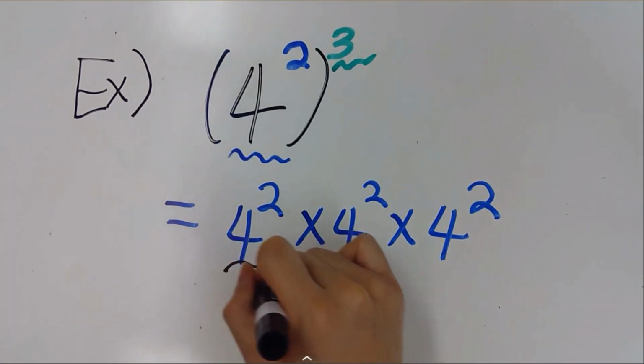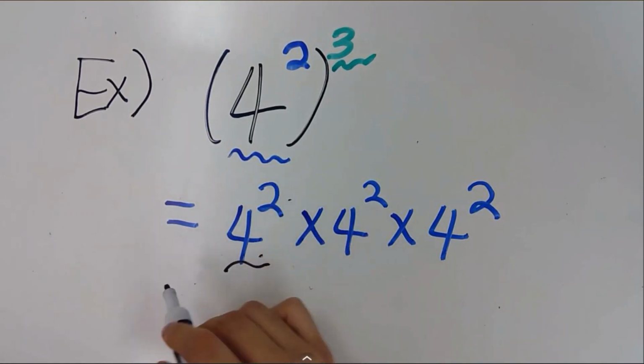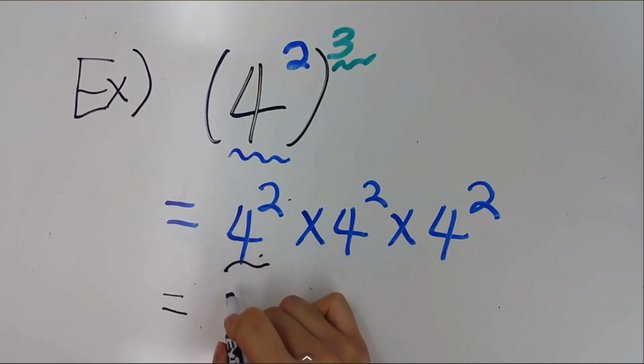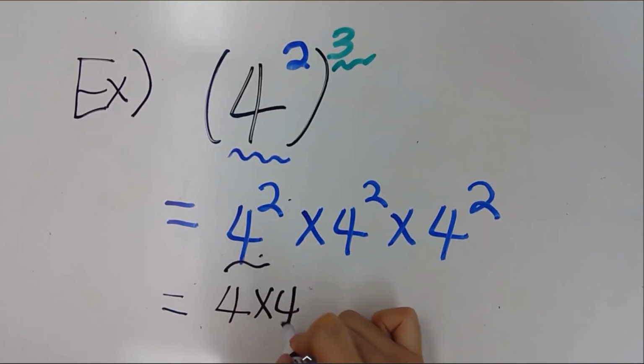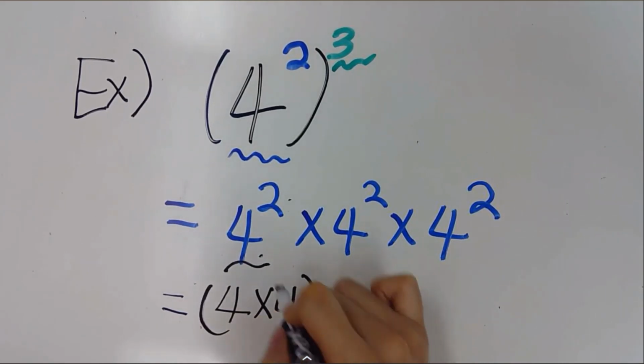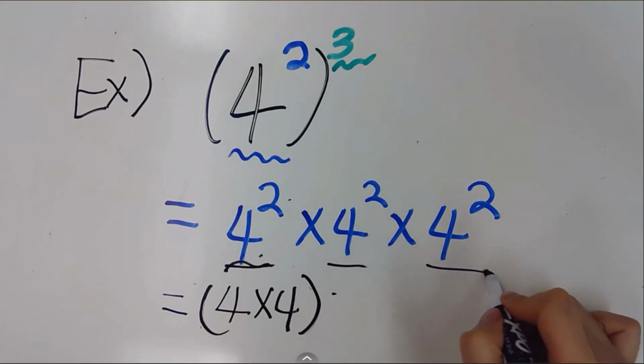4 squared means we're multiplying 4 by itself twice, which means that 4 squared is the same as 4 times 4. And how many 4 times 4s are there? We have 1, 2, and 3 4 squared.